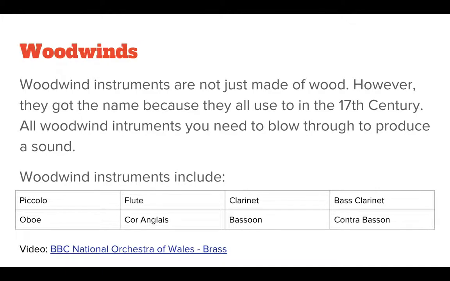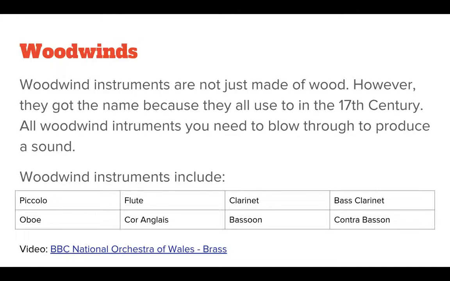So the instruments are the piccolo and flute, which are very closely linked, the piccolo being the smaller one. There is the clarinet and the bass clarinet, which are very similar to the saxophone. The saxophone was an instrument very closely based on the clarinet. The bass clarinet is the lower of the two.